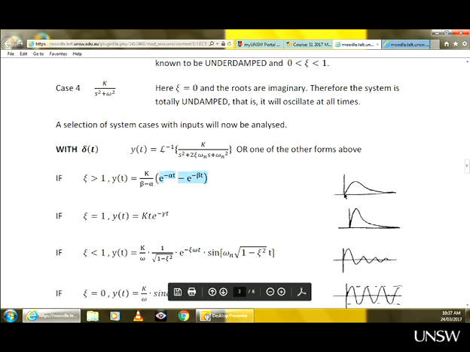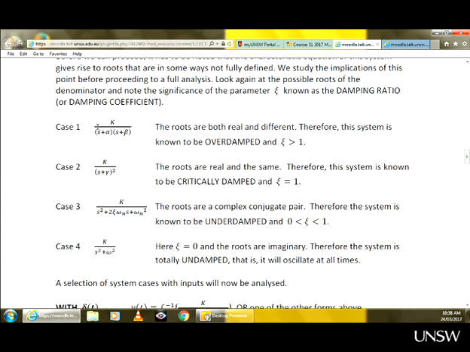Function starts from 0, because when time is 0, you have 1 minus 1 is 0. And the steady state value is 0 as well, because when time is infinity, this is 0 and this is 0 as well. But in between you have this peak because the rate of decay is not the same, because alpha is different from beta. So it is not case 2 that they are equal. Alpha is different than beta, so you will have a peak.